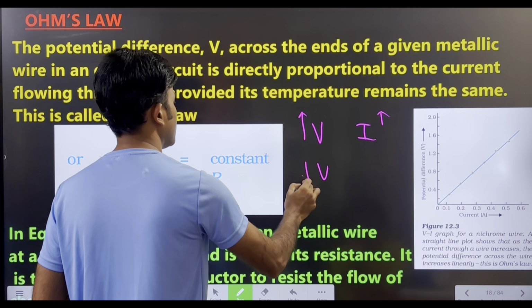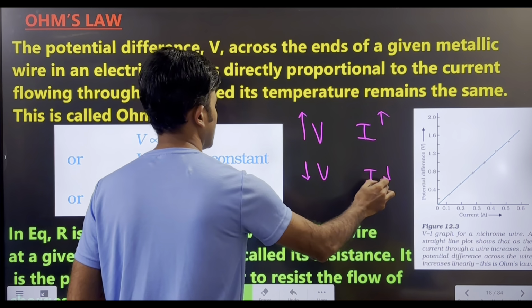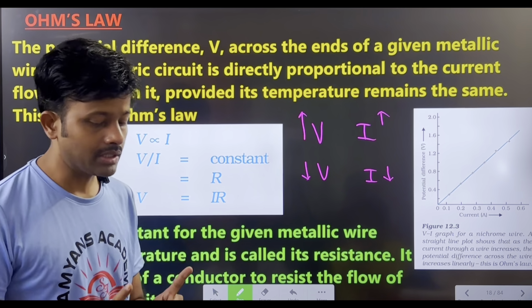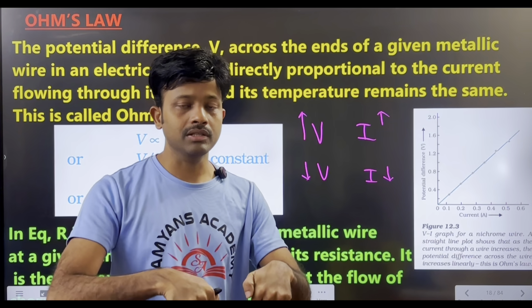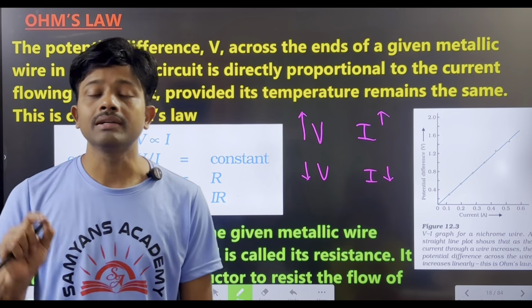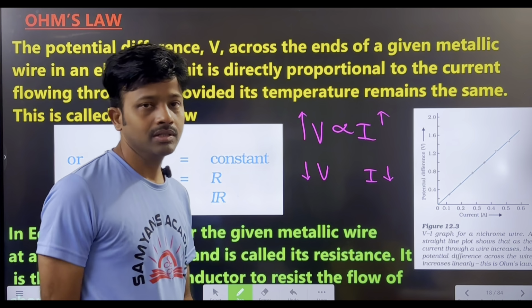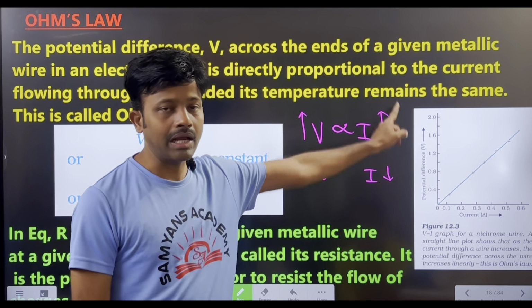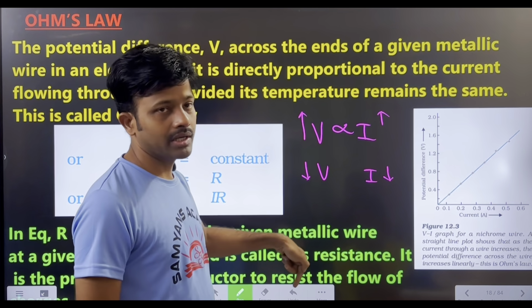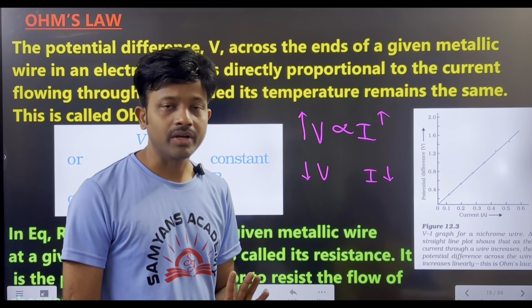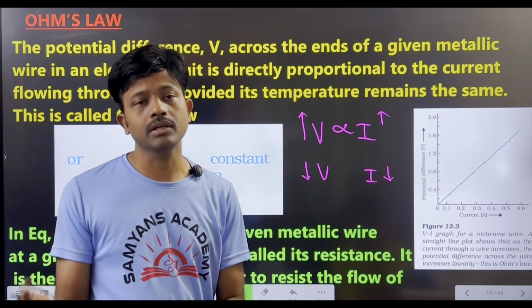When you decrease the voltage, current flow also decreases. If both are increasing and both are decreasing, what is the relation between these two? Directly proportional. If voltage increases, current value also increases. If voltage decreases, current value also decreases.